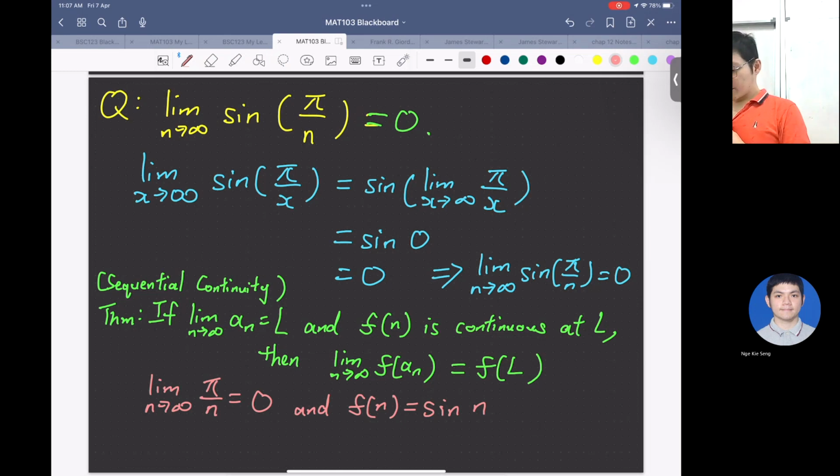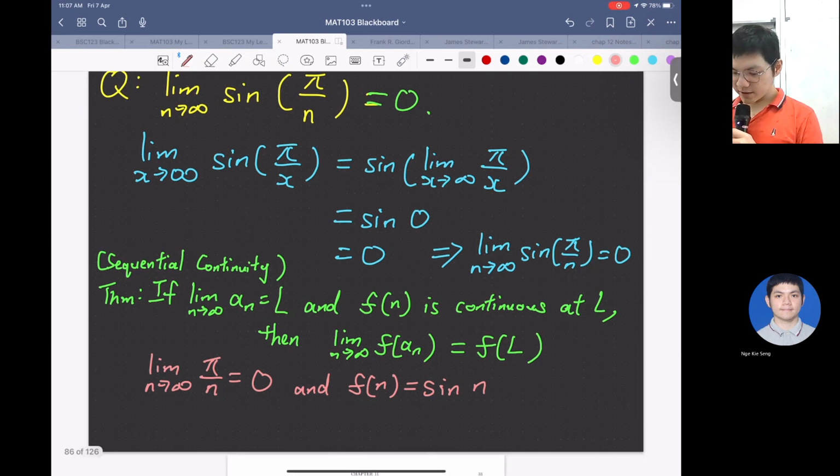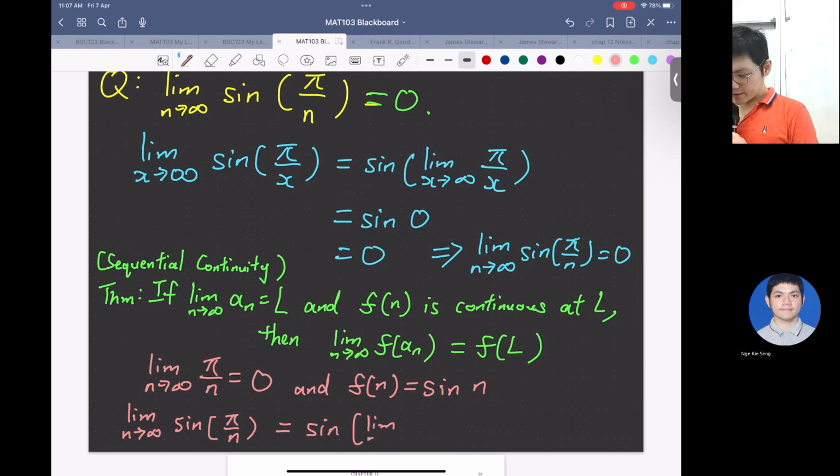So you could, in principle, under this theorem, compute the discrete limit of f(n), and you can actually bring in the limit because sine is continuous at 0.